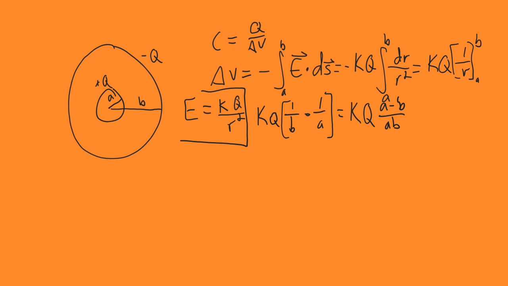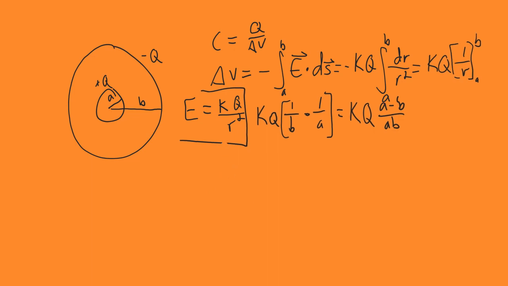Now, let's go back to our capacitance equation. So this is going to be Q, and now underneath is going to be KQ with our value here. And something that the book talks about is that the delta V is actually the absolute value.